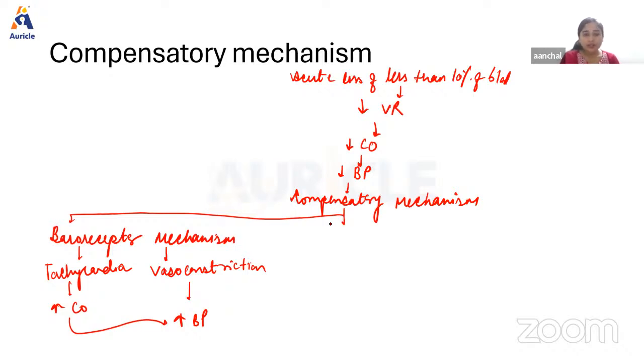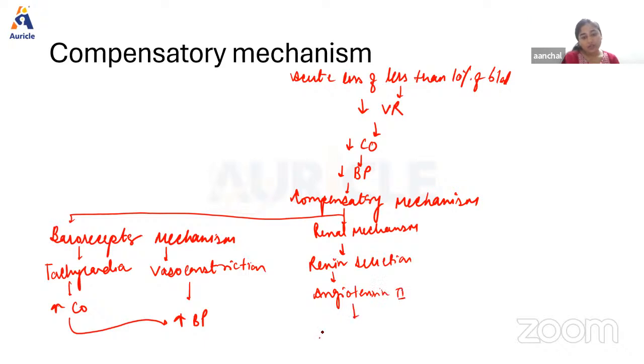Another thing, what happens in the renal mechanism? In the renal mechanism, there will be secretion of a very important hormone, that is renin. And as we know, renin gets secreted through the JG apparatus. It will lead to the conversion of angiotensin I to angiotensin II, and angiotensin will cause the secretion of aldosterone.